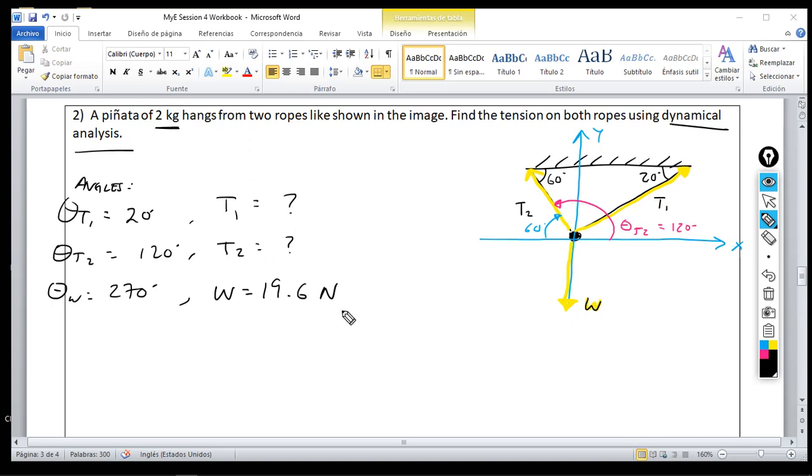What's coming next? The same thing, the table. We need to add these three forces, so what you need to do is this. We're going to draw the table: T1, T2, weight, and the resulting force. Same table.